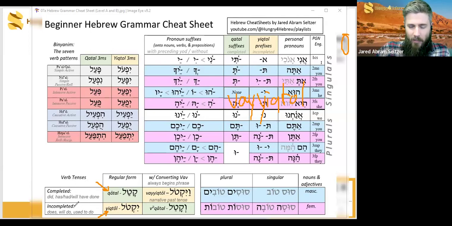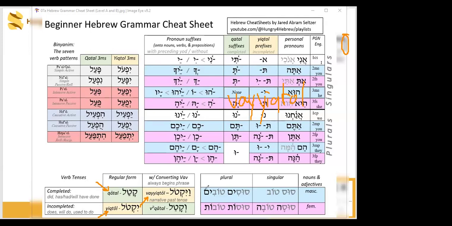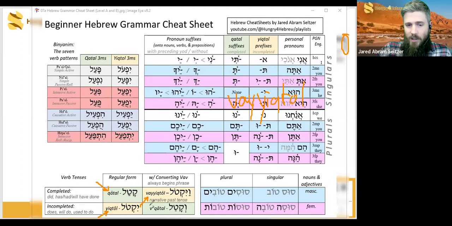Yiktol is incomplete, so it encompasses verbs like he's doing it, he will do it, or he used to do it, an incomplete action in the past. Those are all your yiktols. Vayiktol takes all those yiktol prefixes but adds va to the front, and it flips the tense. Specifically, it's used in the Bible as a narrative past tense.